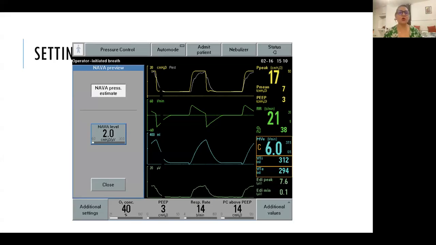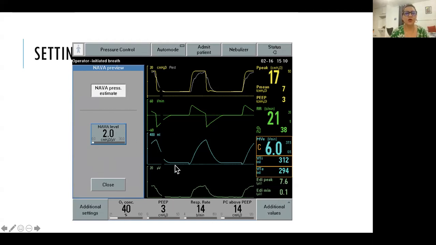So when you're setting the NAVA, this is how the screen would look. You will be able to see the PIP, the PEEP, the rate of the baby, the tidal volume, maximum and minimum in the inspiration and the expiration, the minute ventilation, the EDI peak and minimum, and the NAVA level.